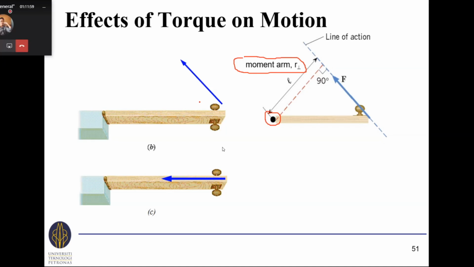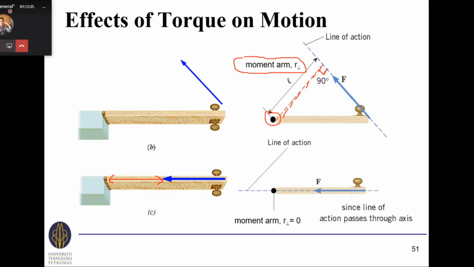If you exert the force like that, this is the line of the force, and you try to find the R that is perpendicular to the line of force exerted. It is 90 degrees, and then you calculate the torque from there. If the force is exerted in the same line as the R, you will never open or rotate the door.